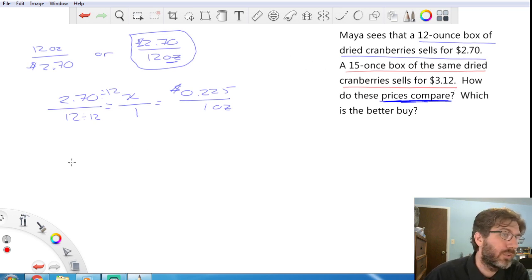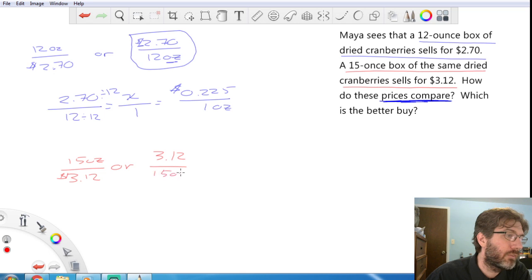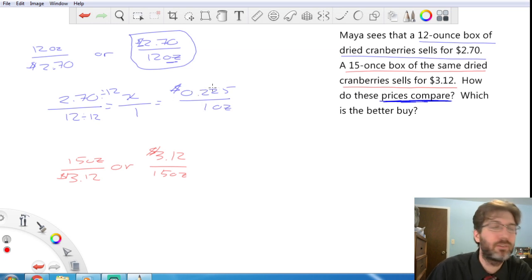So in this case, we have the option of doing 15 ounces over 312 or 312 over 15 ounces. And in this case, you want to be consistent with what you did up above, so you can do the same.